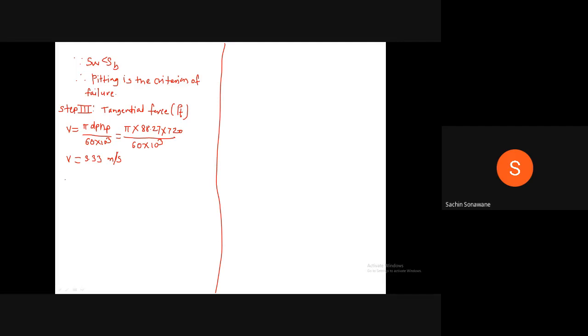Now, we will calculate velocity factor because they have told us in the problem to assume that velocity factor takes into account dynamic load. Therefore, we have to find out velocity factor CV.